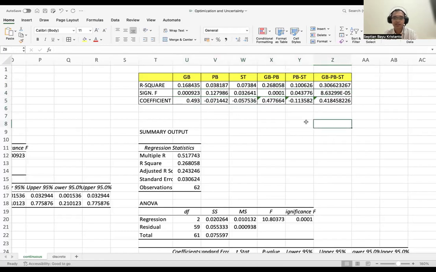The first analysis comes from the R square. The best option of R square is the biggest one, and the biggest R square comes from this analysis.